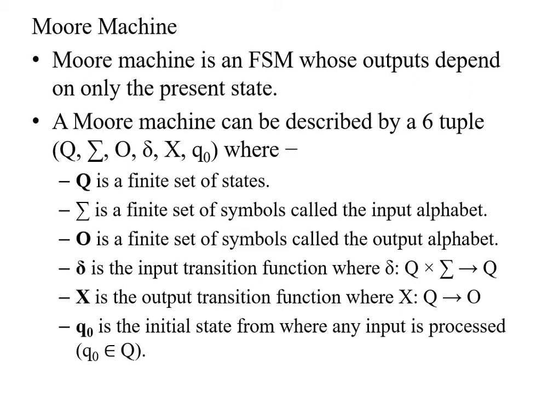A Moore Machine can be described by 6 tuples, where Q is a finite set of states, sigma is a finite set of symbols called the input alphabet, O is a finite set of symbols called the output alphabet, delta is the input transition function, where delta is from Q cross sigma to Q, X is the output transition function, where X is from Q to O, Q0 is the initial state from where any input is processed, and Q0 belongs to Q.